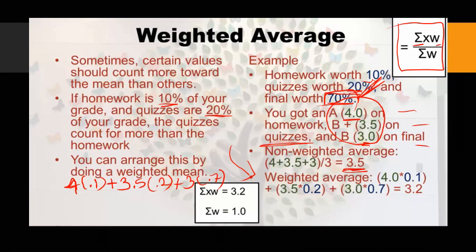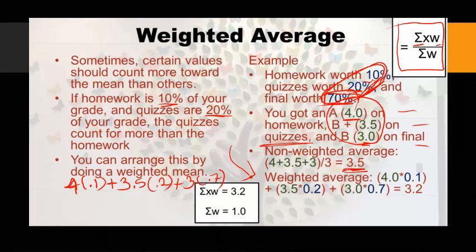Because then we are going to divide it by the total weight, which is 100%, or 1, since the total weight is all of these percentages. So 70 plus 20 plus 10, that's going to be 100%, which is 1.